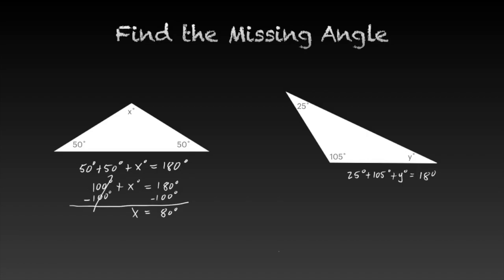When I combine like terms, so the ones that are next to each other on the same side of the equal sign, I'm going to get 130 degrees plus y is going to equal 180 degrees. So now I'm going to subtract 130 from both sides, and now you have y is equal to 50 degrees.